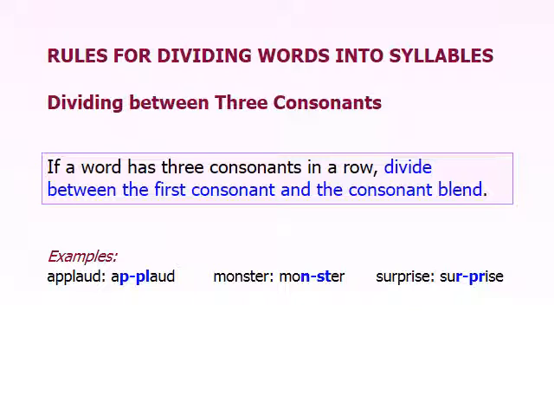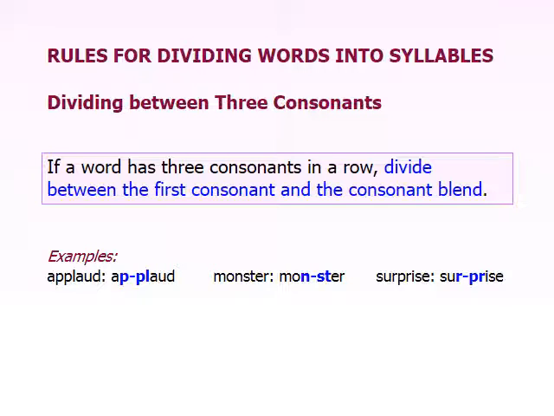So it's going to be A, P, and then divide PL. It would be incorrect to say APP and then L, dividing between the second P and the L. So in monster, you have vowel, O, N consonant, S consonant, T consonant, and then E.